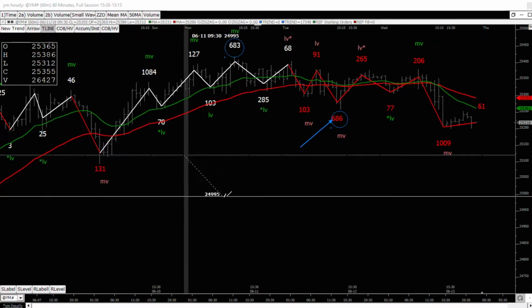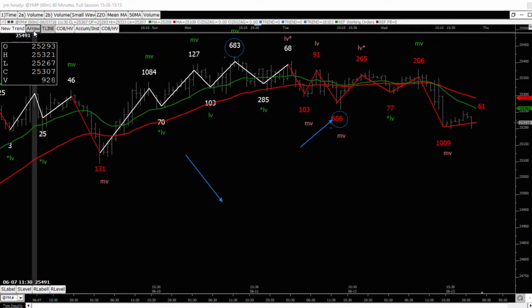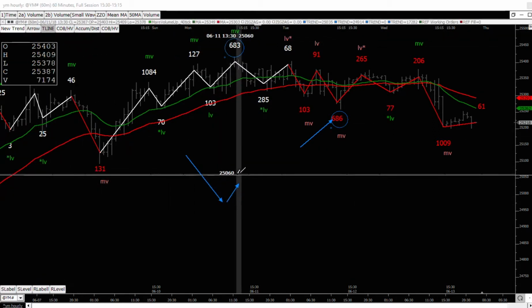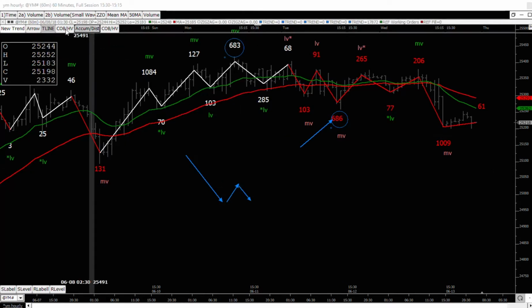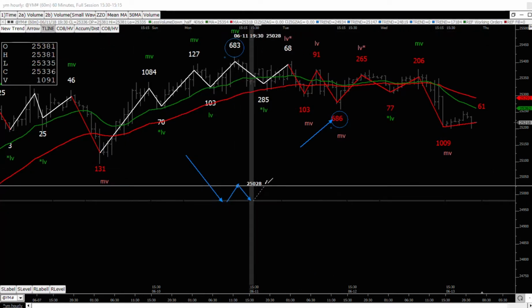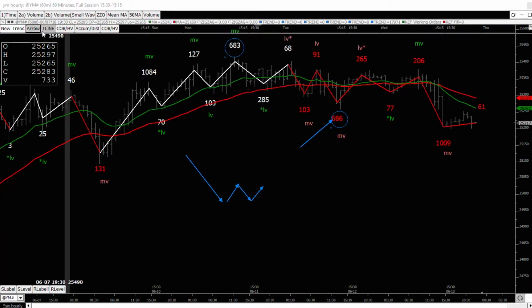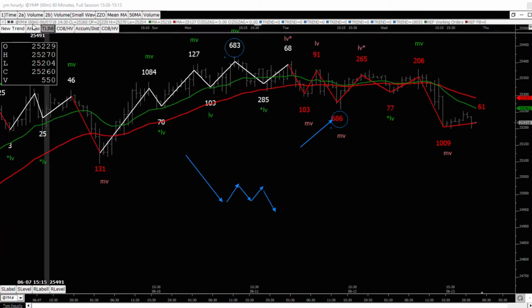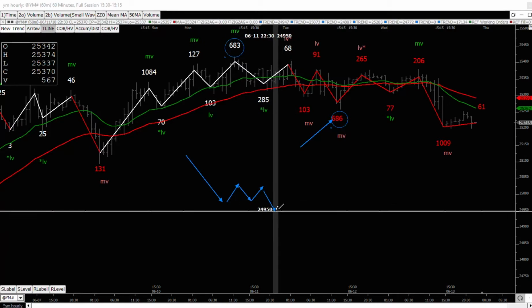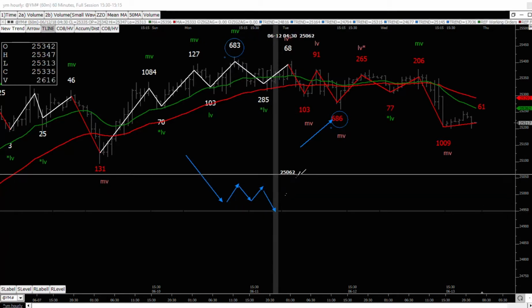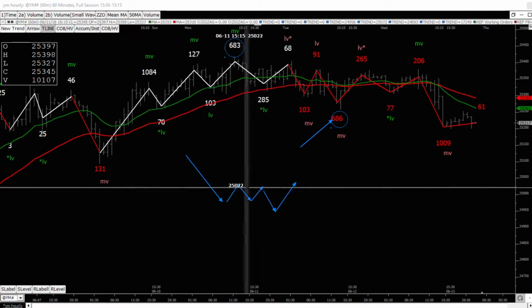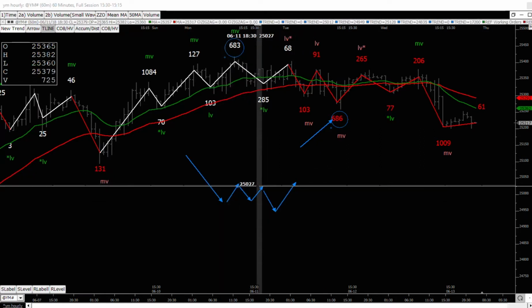What you'll see is it'll do this and this, then this, then this, then this, and then what will happen is there's going to be one wave up that takes out the stops here.